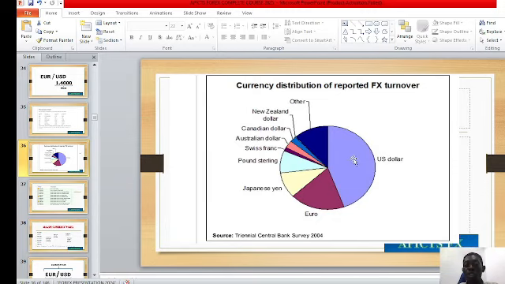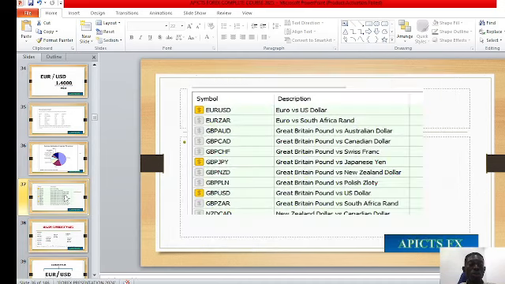Then pound is more expensive than USD, but USD is more powerful than any currency in the world. So when you're making a choice of what to trade, if you are contemplating trading a currency pair, make sure that USD is part of it. It gives you strong liquidity.